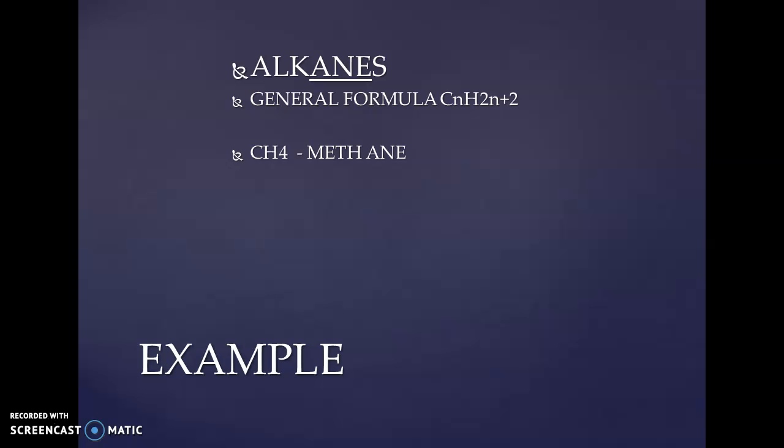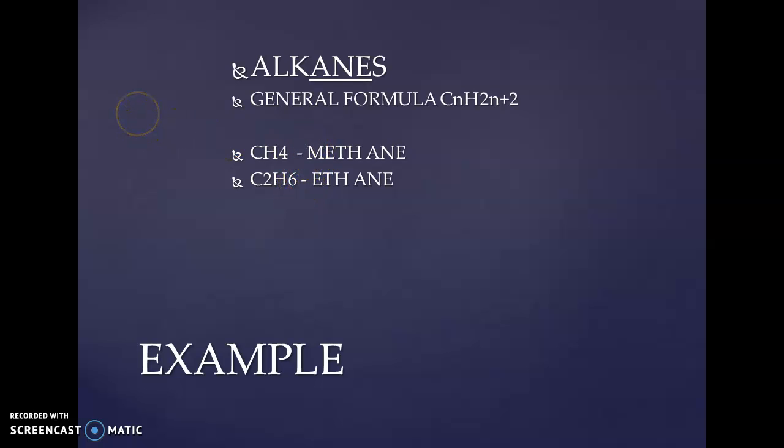So the first member is methane, CH4, and the second is ethane, C2H6. If you check this, the difference in carbon is 2 minus 1, which is 1, and in hydrogen 6 minus 4, which is 2. So CH2. The successive member after methane is ethane, which differs by a CH2 group.